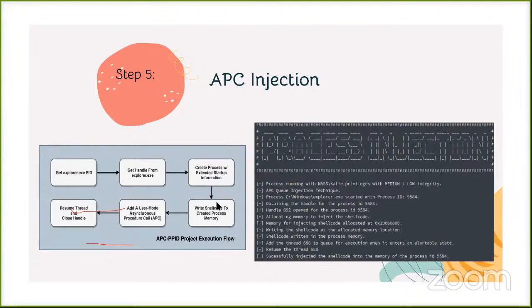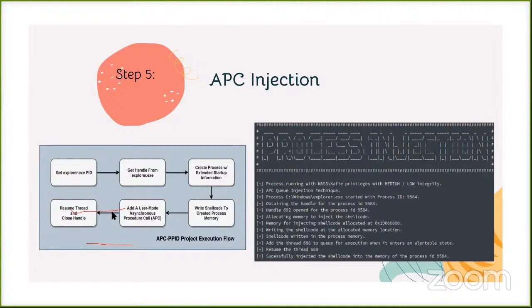We are then going to write our donut shellcode into that address space that was left once our process was created. Then the next step is we attach our shellcode, now written into this address space, to the APC function, the asynchronous procedure call.